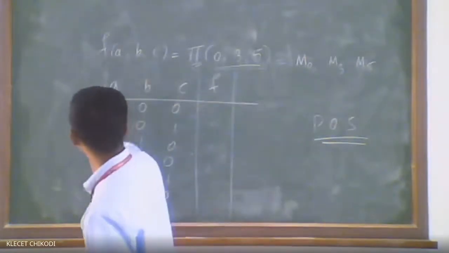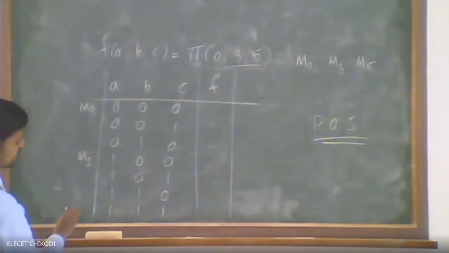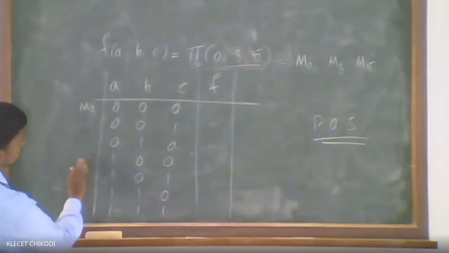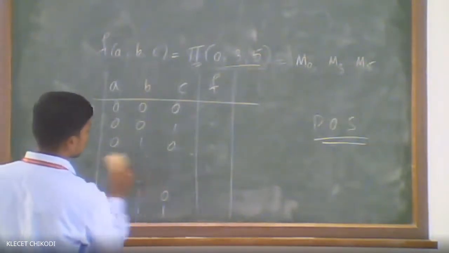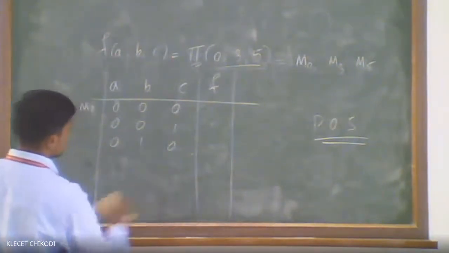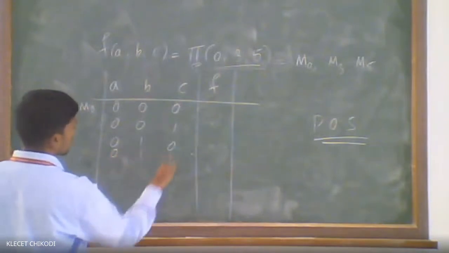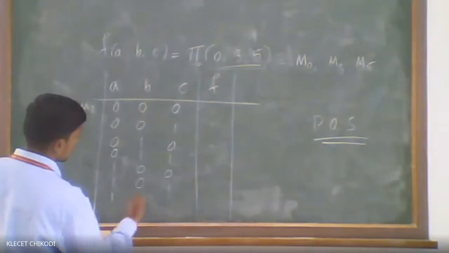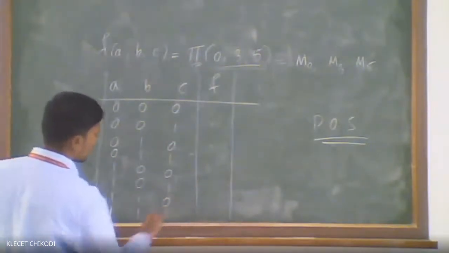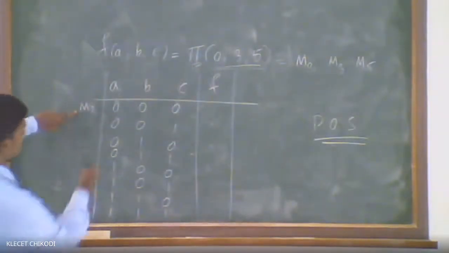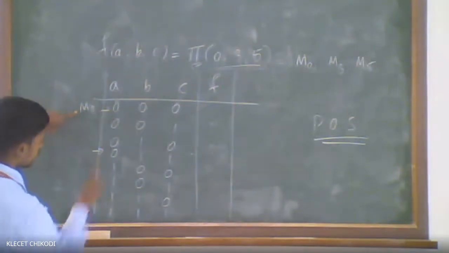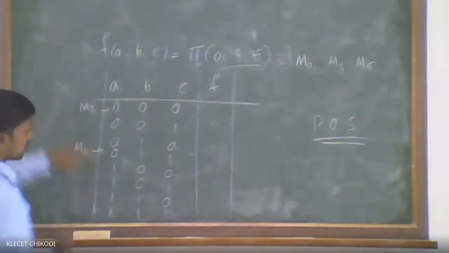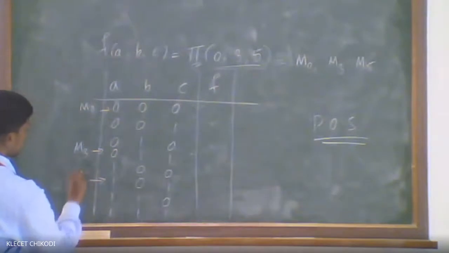So M0 is there, M3 is there, and M5 is there.